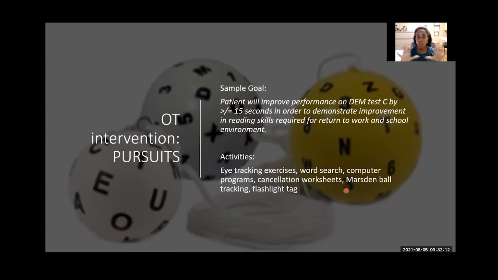Again, looking at that large amplitude eye tracking movement, starting in the periphery, and then working more inward. I might work on some tabletop activities like word searches, computer programs, worksheets that I make. These are all types of activities that I might use in the treatment of pursuits to improve function in that area.